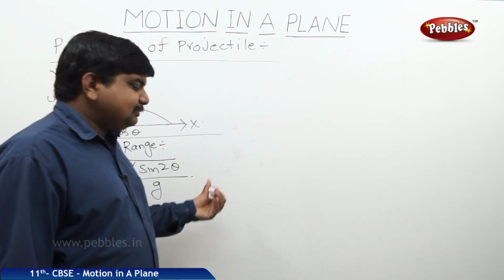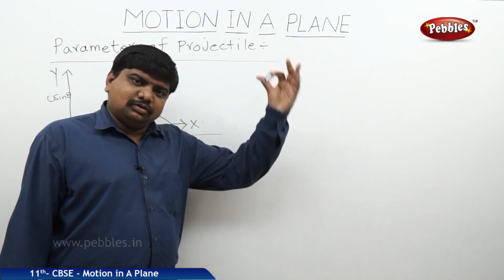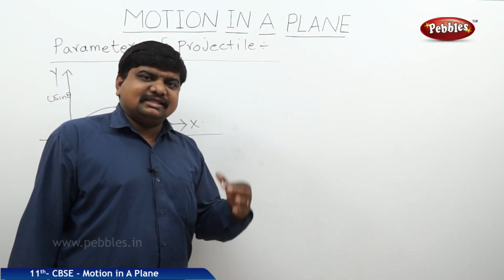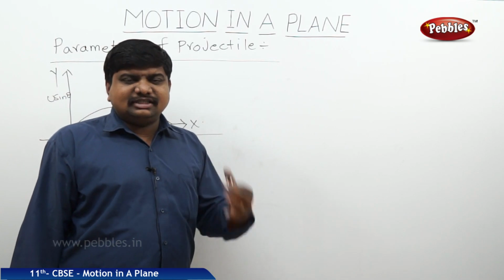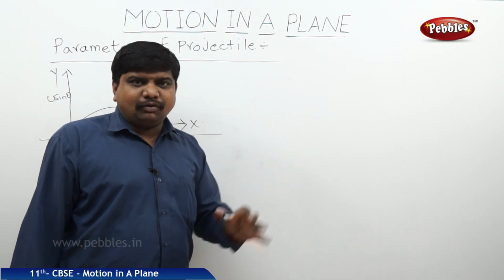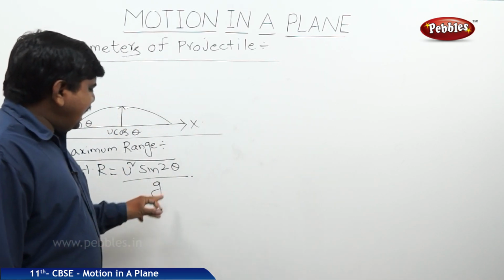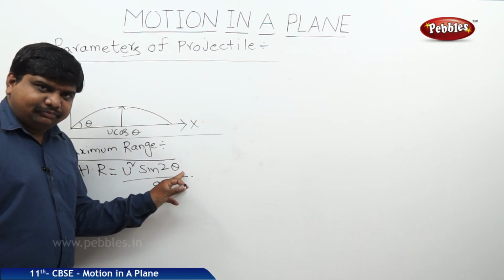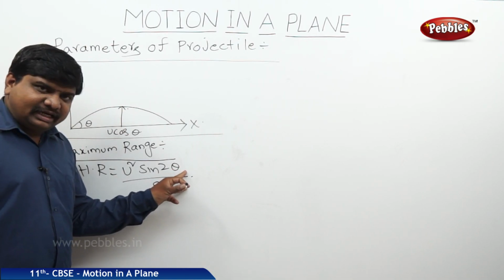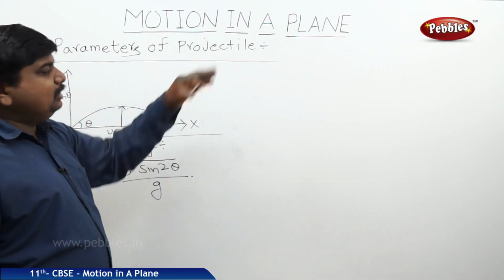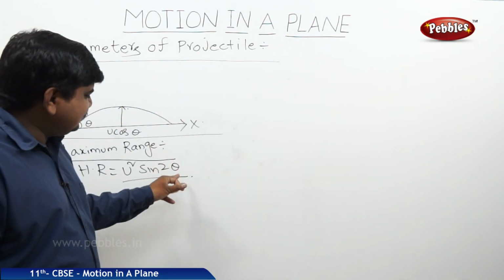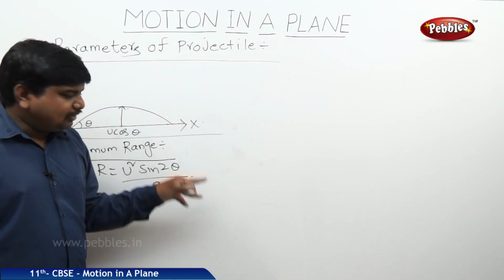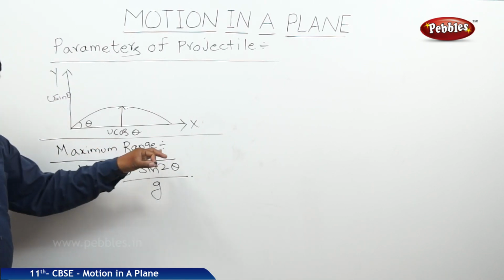If you see, some batsmen hit the ball and that ball will go to a long distance. Some batsmen hit the ball to a fence or to a sixer, it will just reach the boundary. So the angle of hitting is very, very important. The angle applied on the body while doing the projectile motion is very, very important. So for which angle is the maximum range possible?